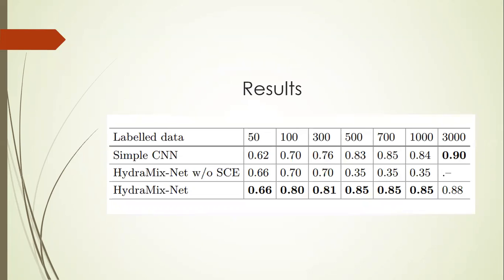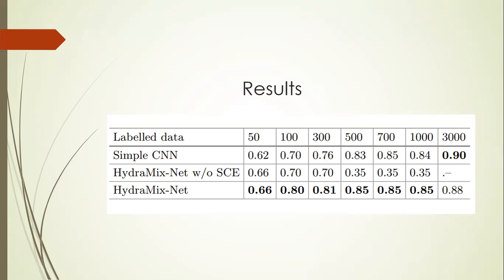So the results are as follows. You can see that for high labeled data, such as when we are using 3000 labeled data, CNN works fine, which is expected as it gives state-of-the-art performance when it has large data. But when you have small data, like 1000 labeled data, you can see that the CNN model performs poorly. But HydraMixNet looks to be the best model so far when we have small labeled data, which is very useful when we are handling medical imaging data, as we have few labeled data there.